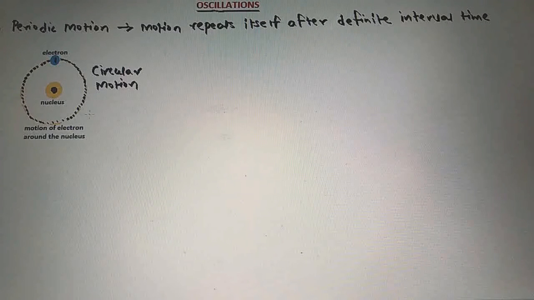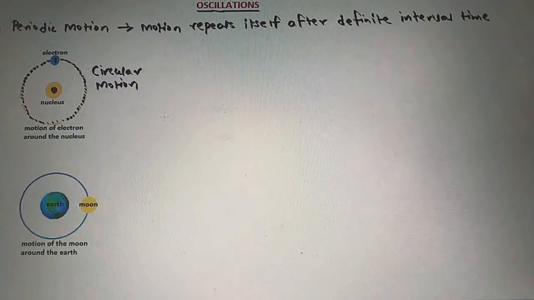Now we will see the second example of periodic motion, that is the motion of the moon around the earth. See here, this is the moon, and this moon is revolving around the earth in this circular orbit.